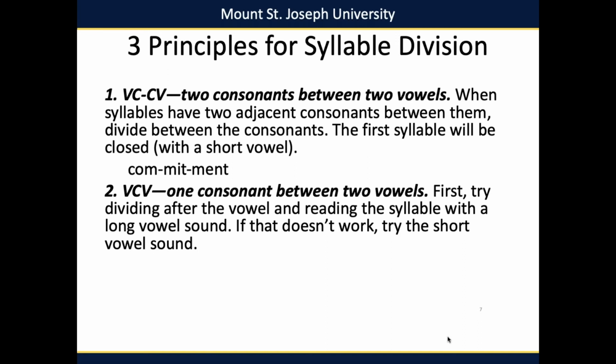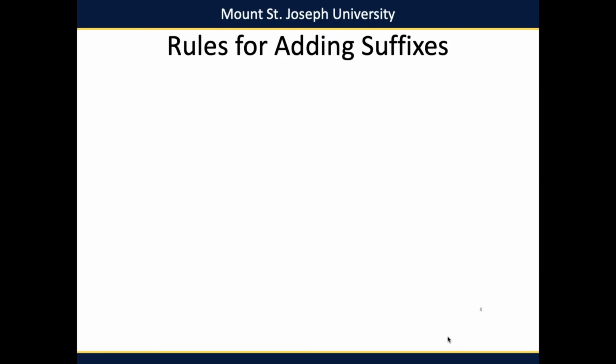If that doesn't work, try the short vowel sound. When there are three consonants between the vowels, students can be taught to look for blends because those blends tend to stick together when dividing syllables. Again, keep in mind that the reason to teach these principles to students is so they will have insight into the vowel sound and be more likely to accurately decode unfamiliar multisyllable words they encounter while reading.